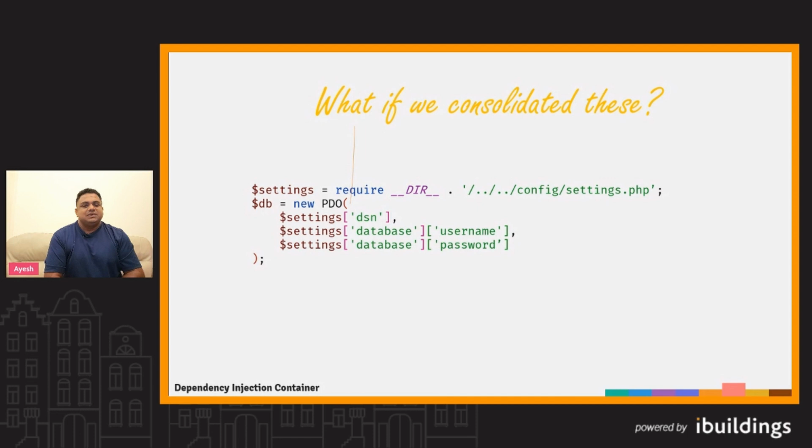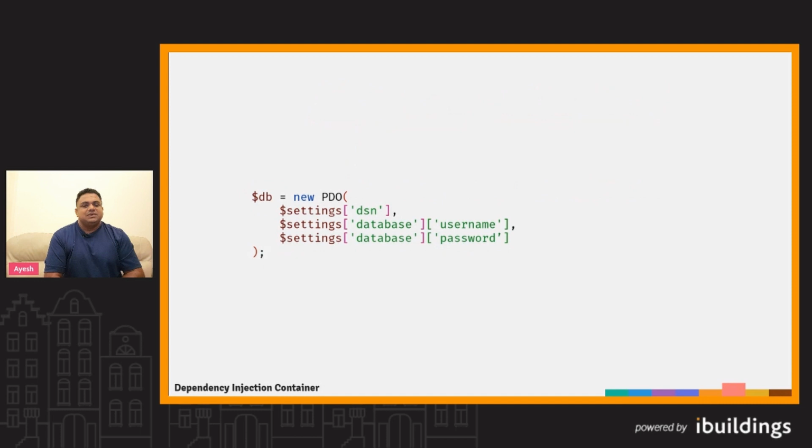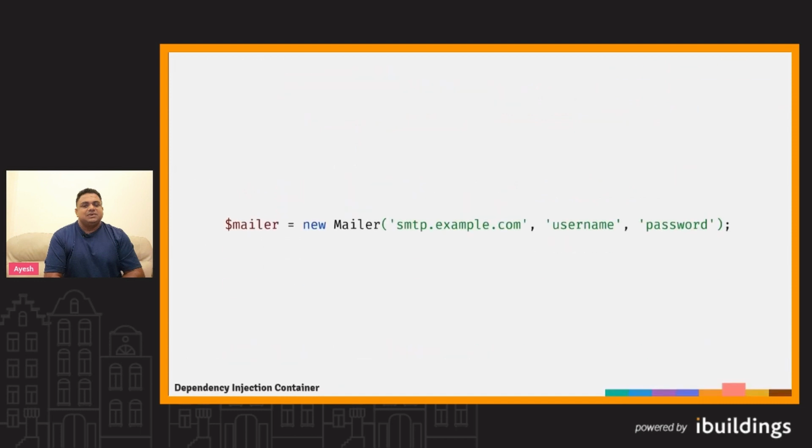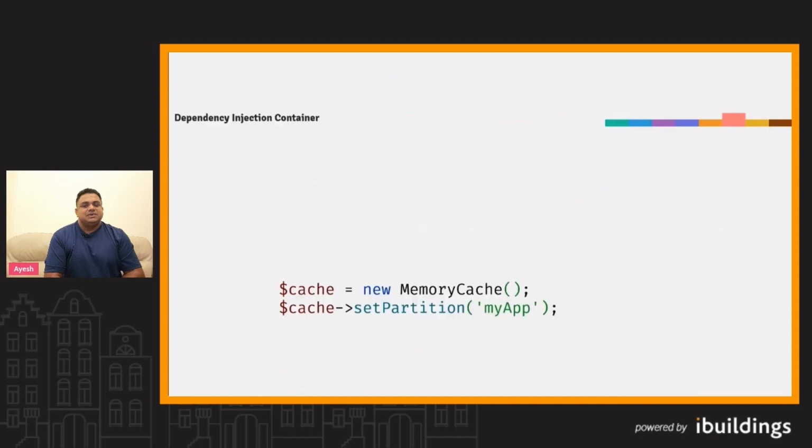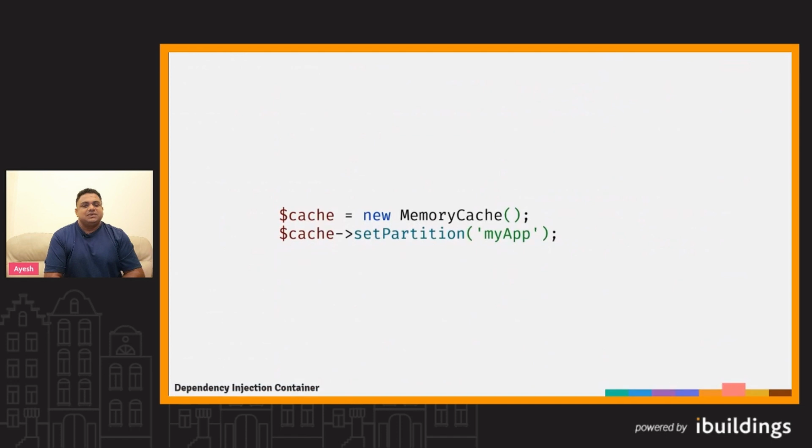Because you might have 30 files that sometimes create database connections, sometimes create a new email instance, sometimes you have memory cache class instances sprinkled everywhere in the application. The idea is we use a central location to define how we create these reusable services or reusable components.